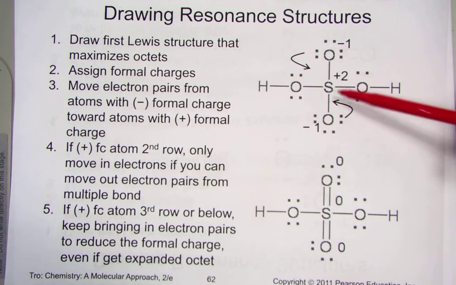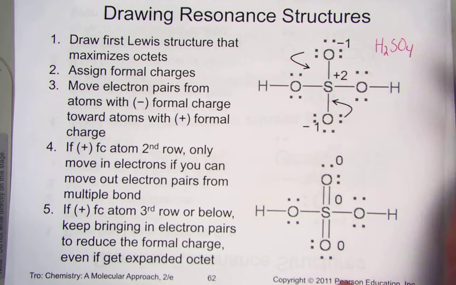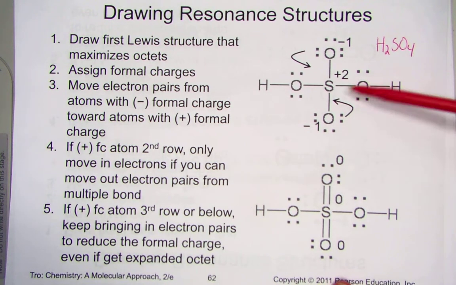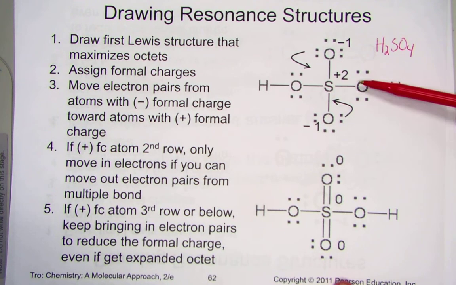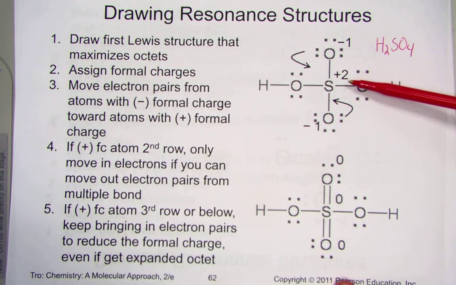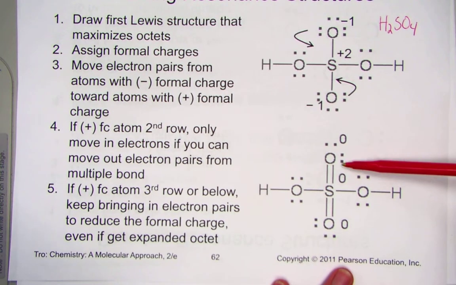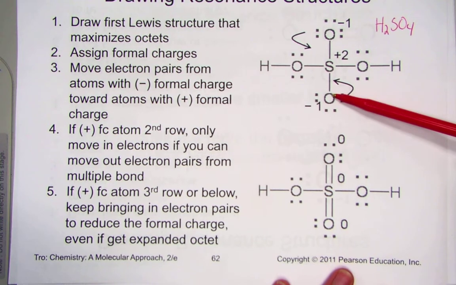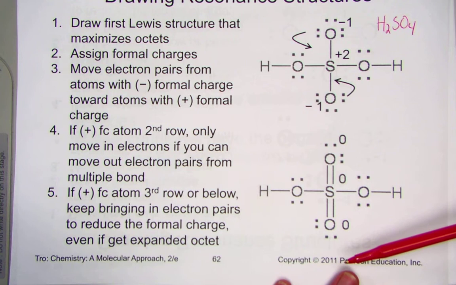Here's a molecule, H2SO4. We would call that sulfuric acid. When I draw the resonance structure in the first molecule, notice that they're all single bonds, giving sulfur a +2 for a formal charge. Notice what I can do to alleviate that +2 and the -1s on the oxygens and get them all down to 0 if I expand the octet.